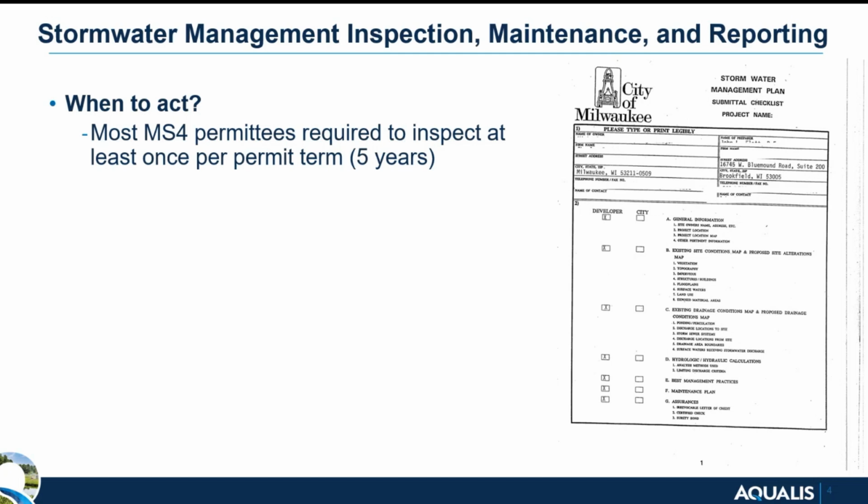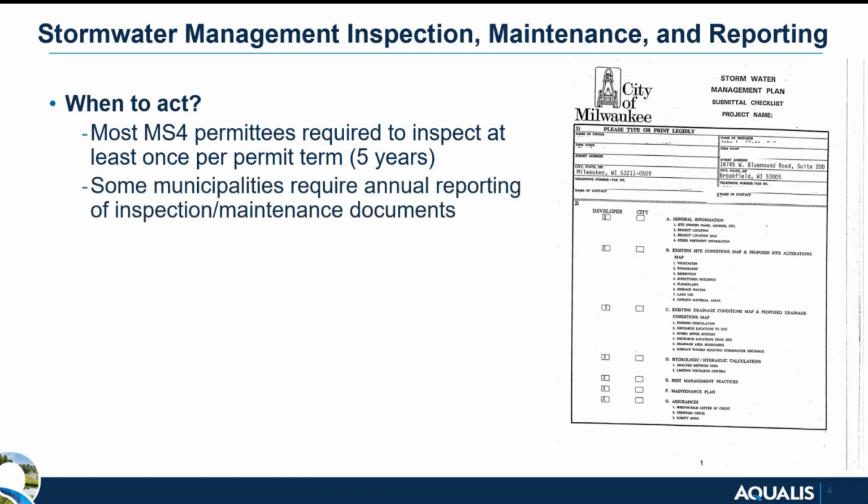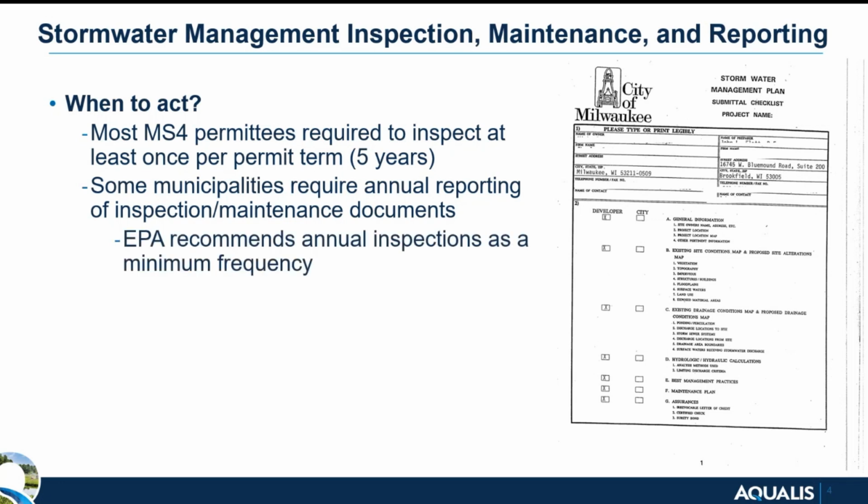That's why we see some municipalities moving towards annual requirements or more frequent reporting cycles than those minimum requirements. If you look at EPA's documentation for their model ordinances and guidelines, they recommend annual inspections. So you can really look to see what the highest authorities are saying about when these things should be done.